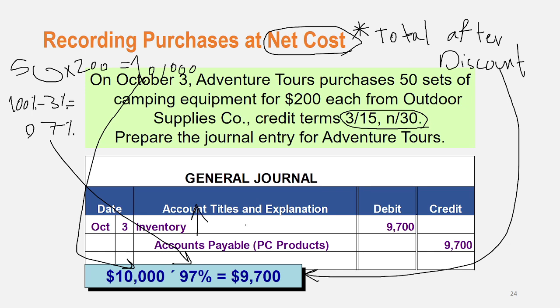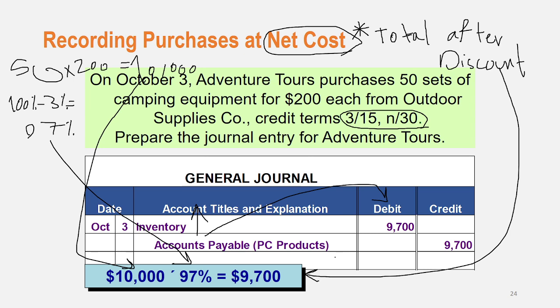Again, we know that an increase in inventory is considered an increase in assets, because inventory belongs to the asset accounts, and any increase in asset accounts is considered a debit. So $9,700 inventory debit, and we also need to consider the next account in the double entry structure, accounts payable.